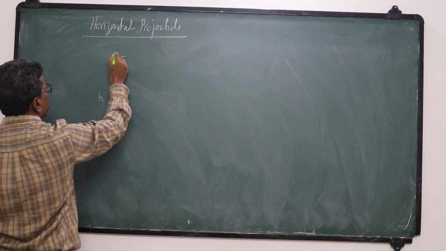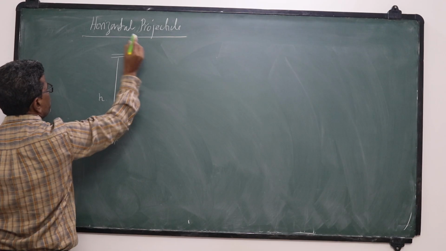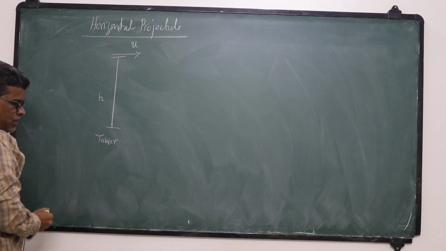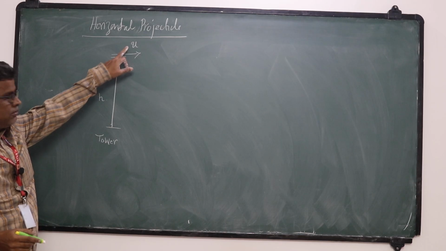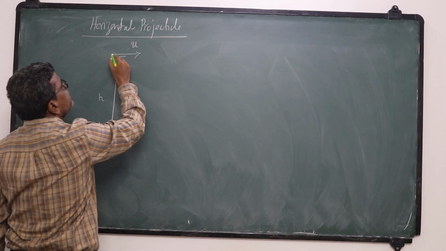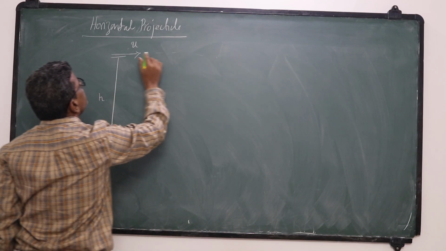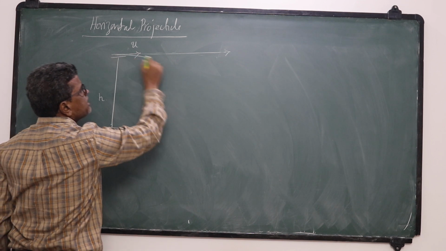A ball is projected horizontally with initial velocity u. How is it projected? Horizontally from a tower. So how will it travel? Does it travel straight like this? No. It will pass like this.